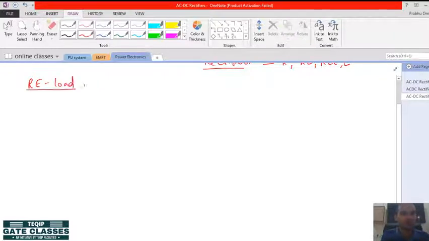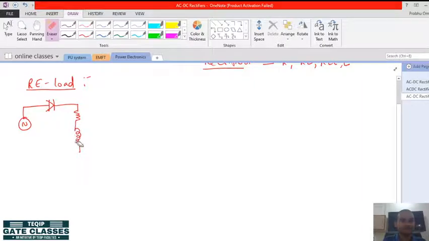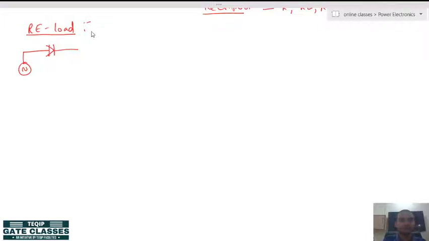So, today's load is RE type load. How do we deal with RE type load? So, let us have the circuit now. So, this is an RE type load.